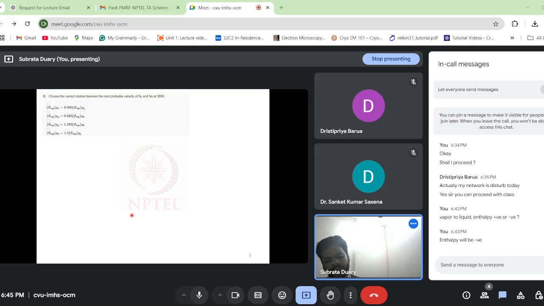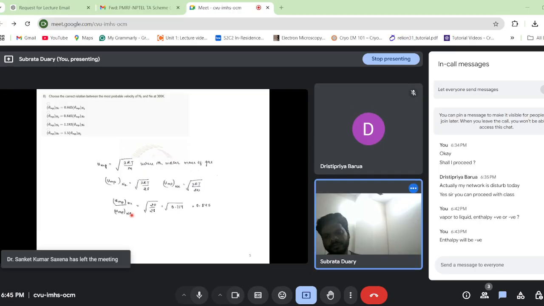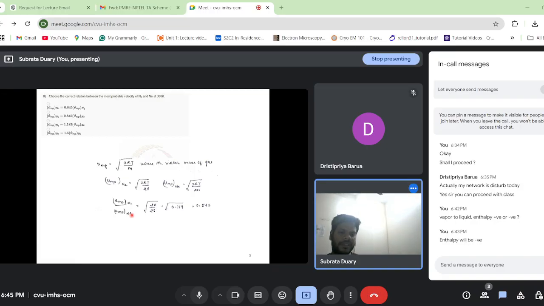Now for this question, in root over 2RT by m, m is the molar mass of the gas.